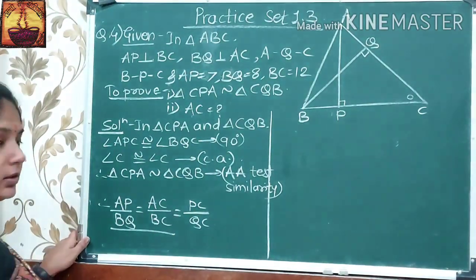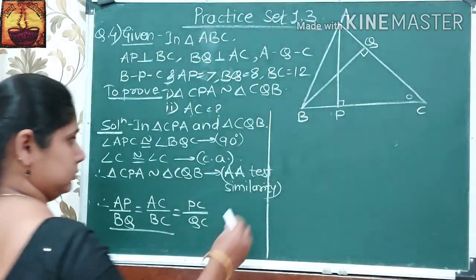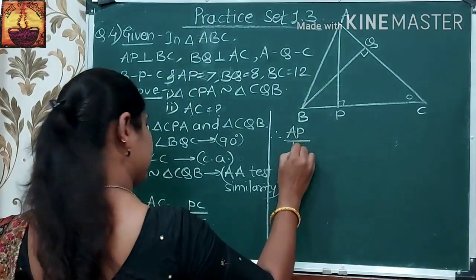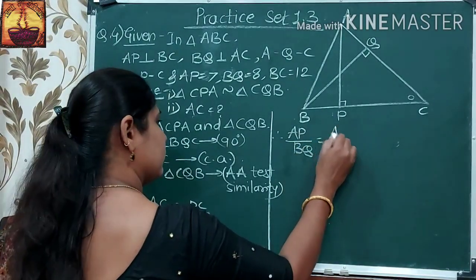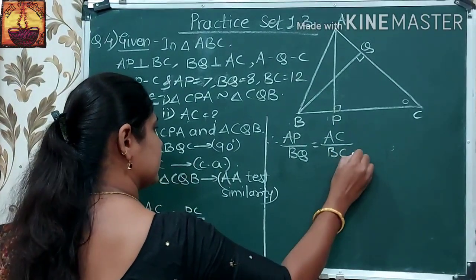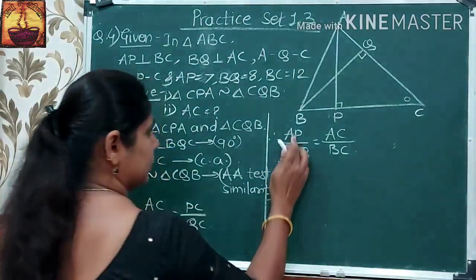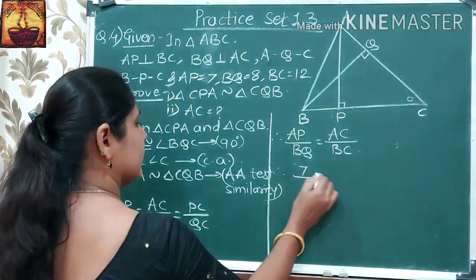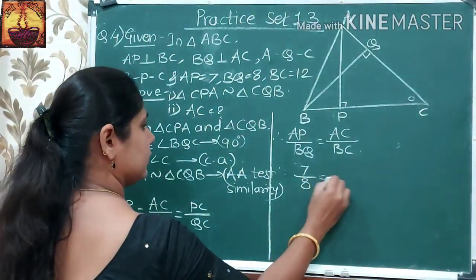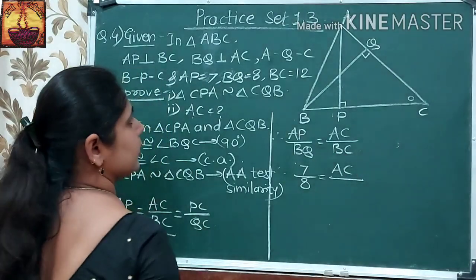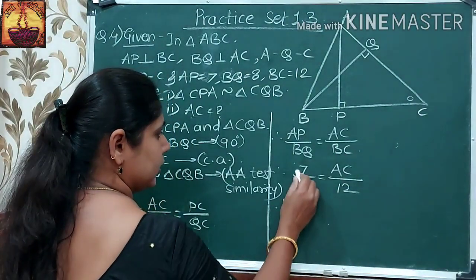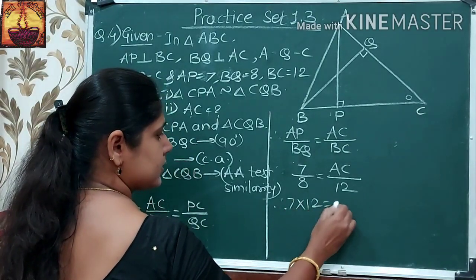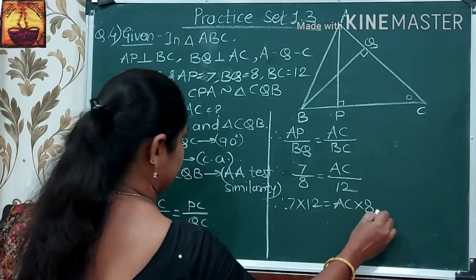Therefore, take these two ratios. AP upon BQ is equal to AC upon BC. After taking the values, AP is 7, BQ is 8, AC we have to calculate, and BC is 12. Therefore, after taking cross multiplication, 7 into 12 is equal to AC into 8.